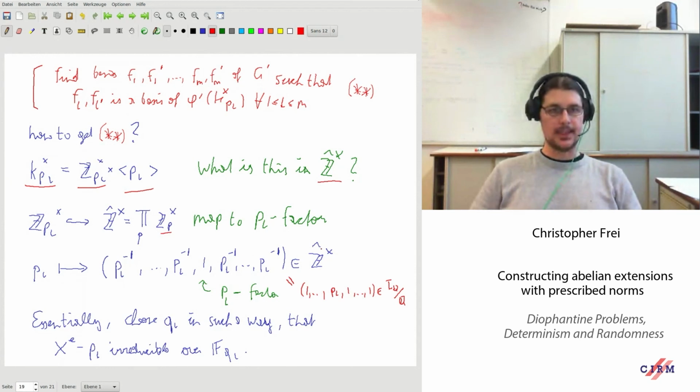And then, essentially, what I have to do to ensure that I can find such a basis is to choose my prime QL in this pair, PL, QL, in such a way that x to the e minus PL is irreducible over FQL. And of course, that's again a Chebotarev condition.